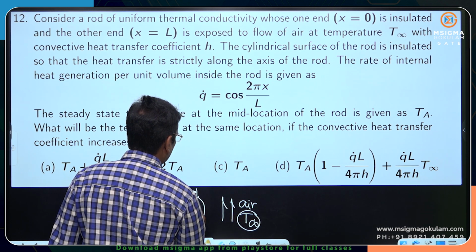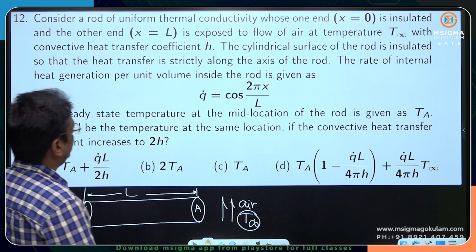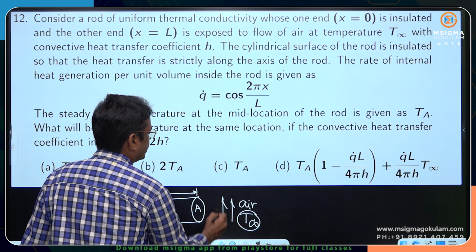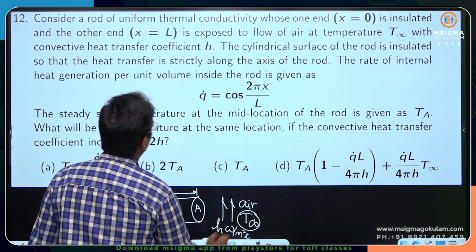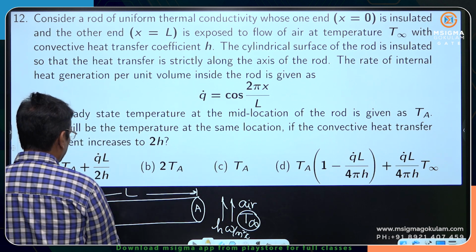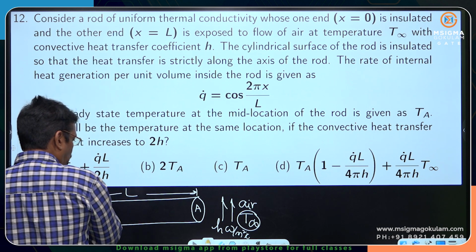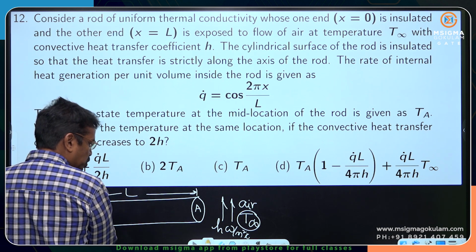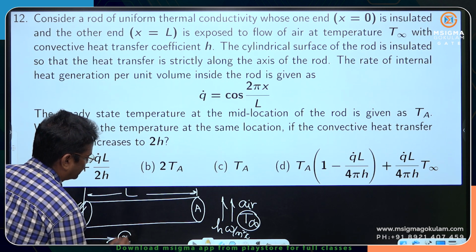A is the cross-sectional area of the rod, and the convective heat transfer coefficient associated with the fluid is H. The cylindrical surface of the rod is insulated. That means all the surface has been insulated, so you are fixing the heat conduction exclusively along the x direction.